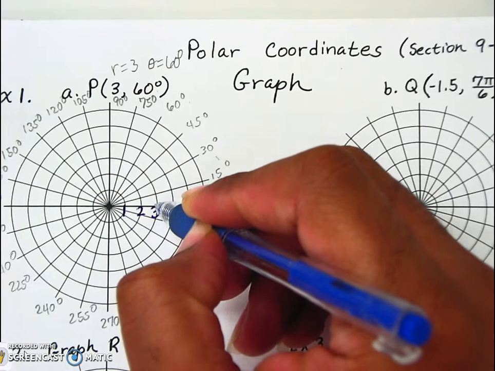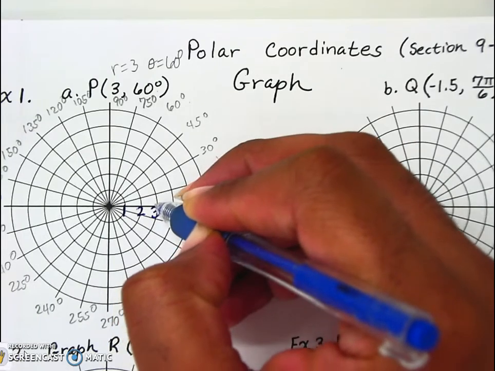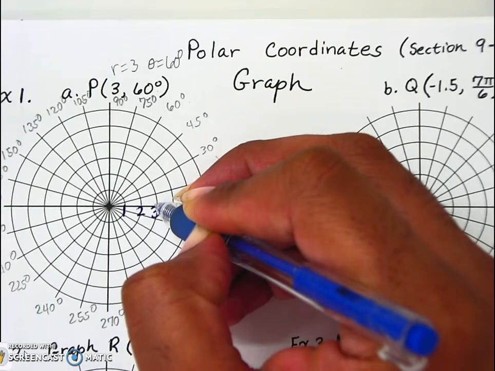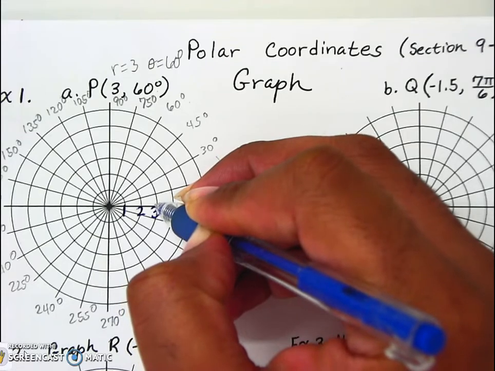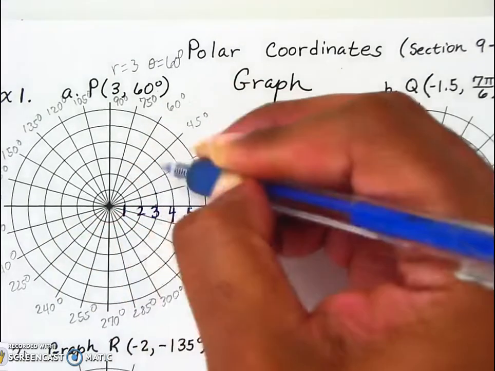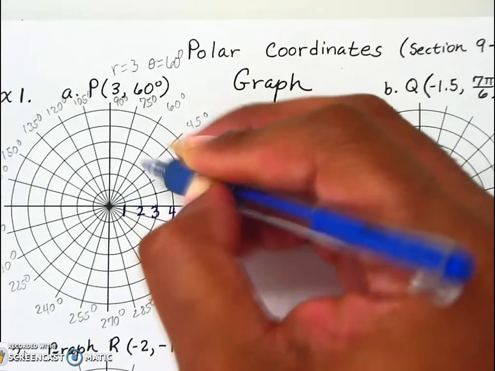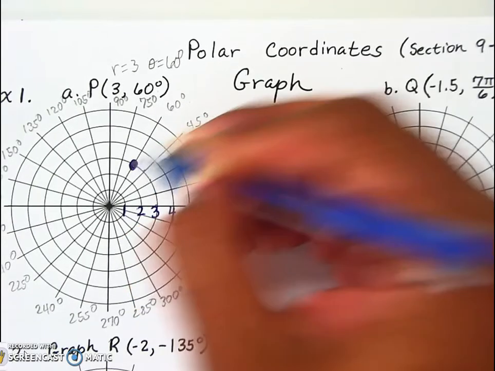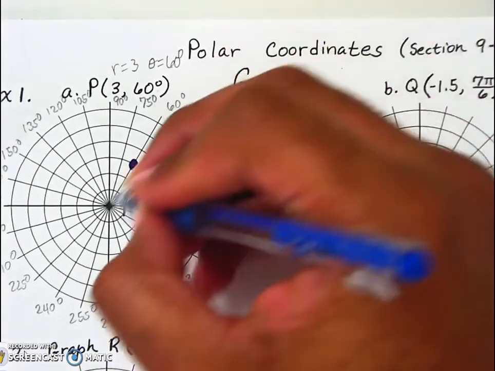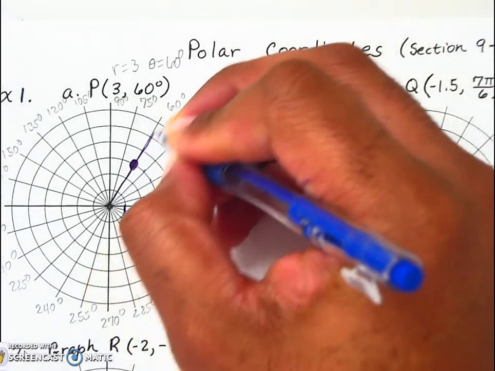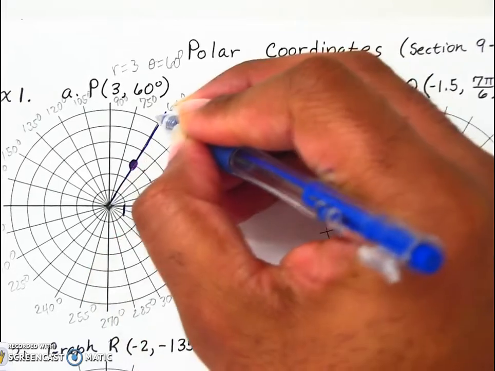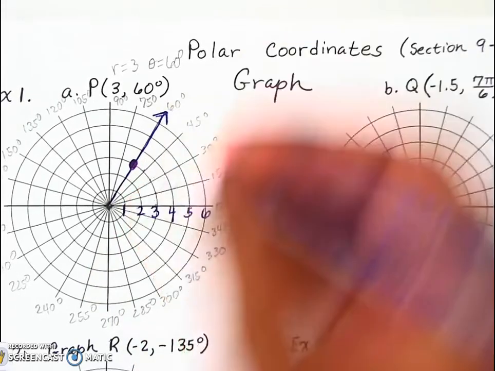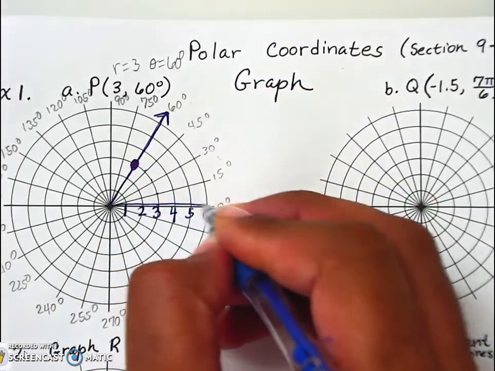Because it's positive, we're going to graph it as it is. So here we're going to do 3, and then we're going to go up till we get to 60. That's 15 degrees, that's 30 degrees, 45, that's 60 degrees. Put a dot right there, and then all we do is draw a ray. And that's all she wrote.